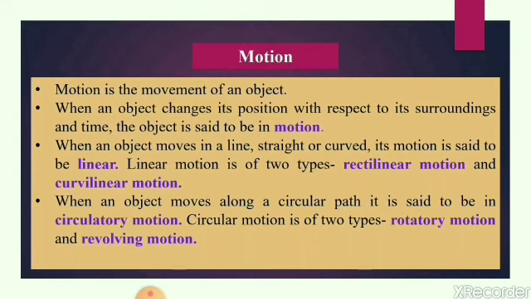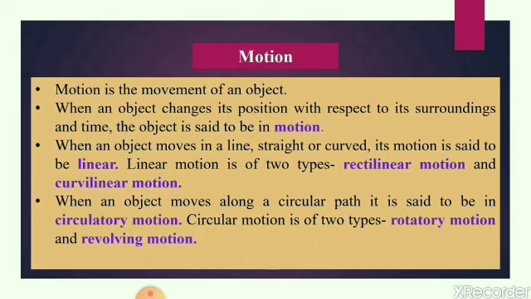Different objects show different types of motions. Some types of motions that you have studied in 6th class are linear motion, circulatory motion, and periodic and non-periodic motion. First, linear motion: when an object moves in a line, that line may be straight or curved, that type of motion is called linear motion.